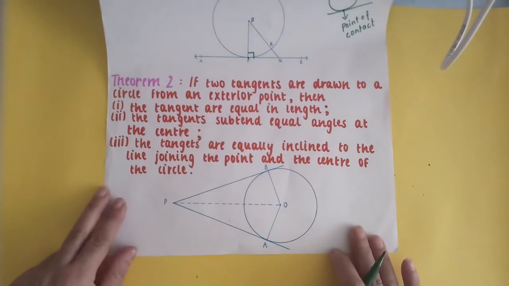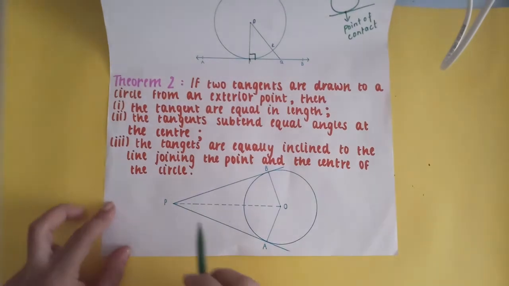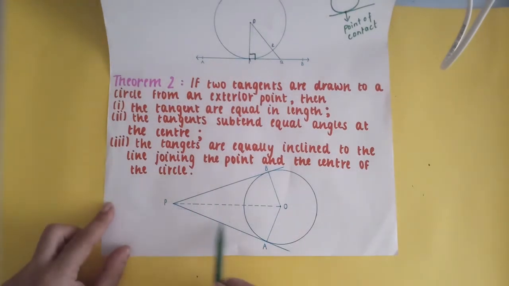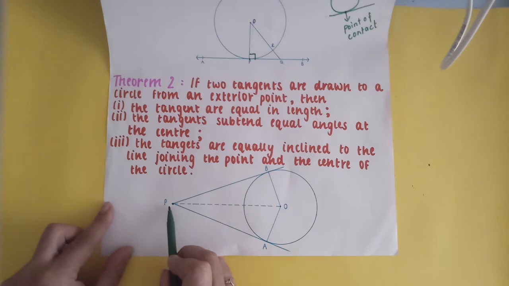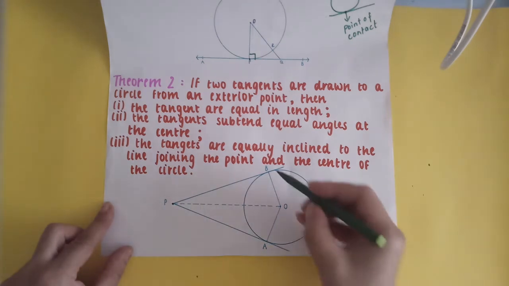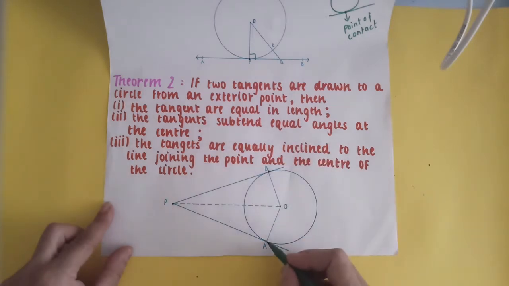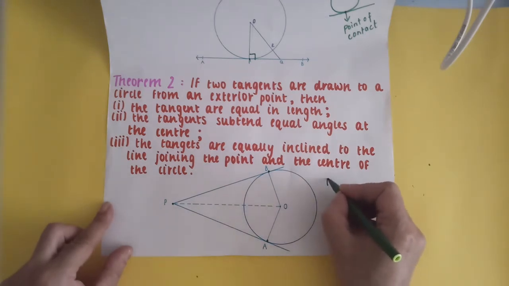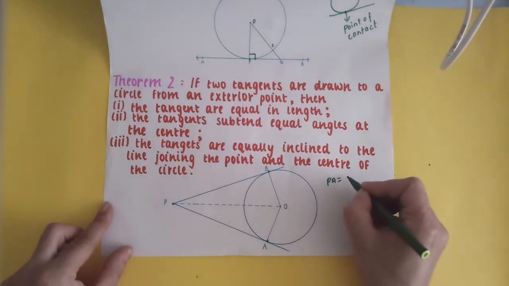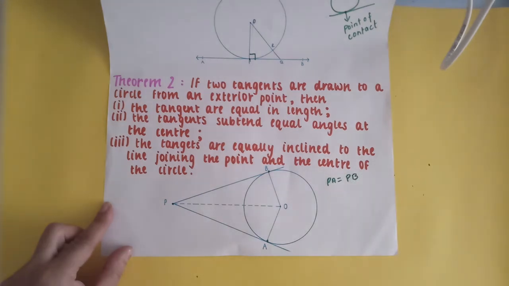Now, theorem 2 states that if two tangents are drawn to a circle from an external point, let's say P is the external point, from point P we are drawing two tangents to the circle, and B and A are the points of contacts of these two tangents, then PA will always be equal to PB. So how will we explain this?